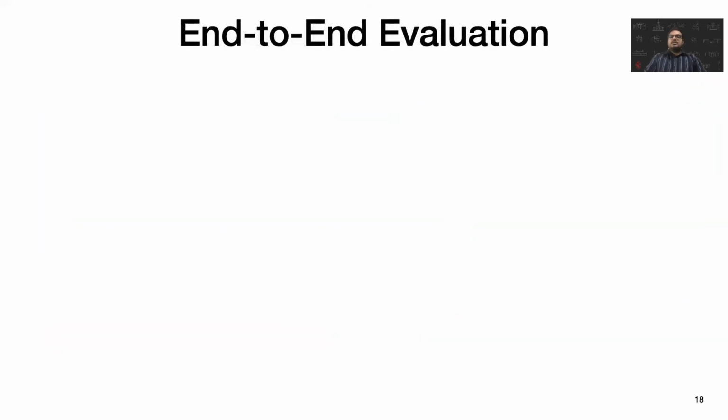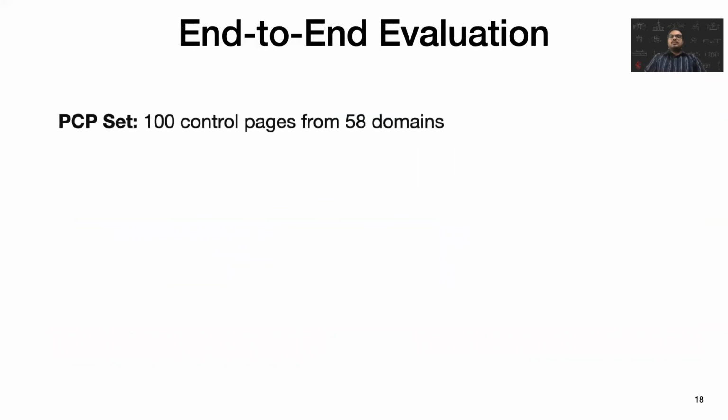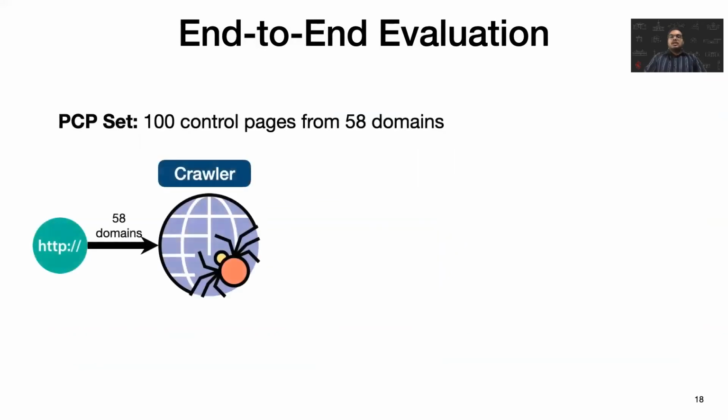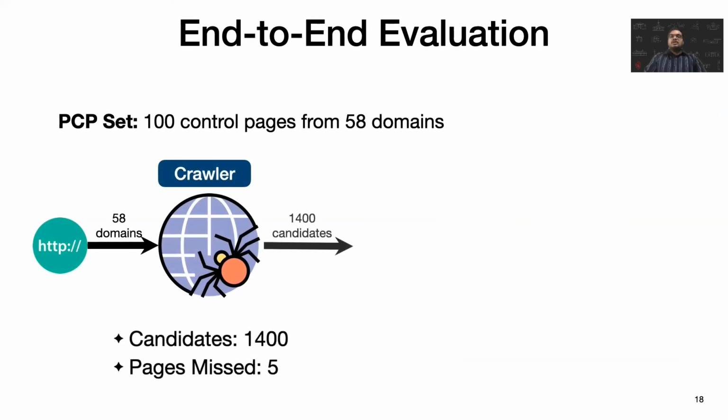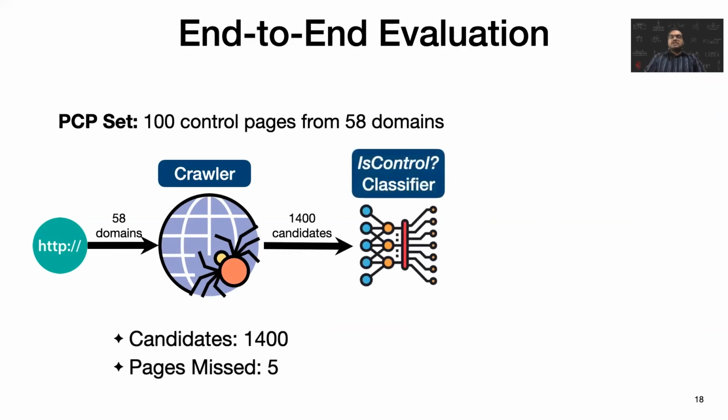For the end-to-end evaluation, we start with the 58 domains from the PCP dataset and pass them to the crawler. The crawler resulted in 1,400 candidates and missed 5 of the original settings pages. Next, the 1,400 candidates are passed through the isControl classifier. By design, this classifier is optimized for high recall.